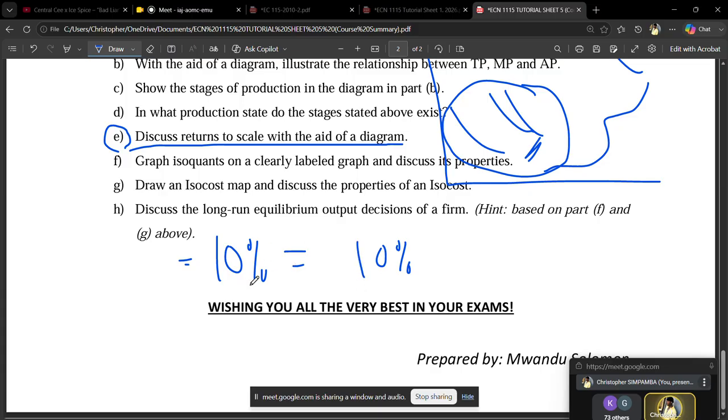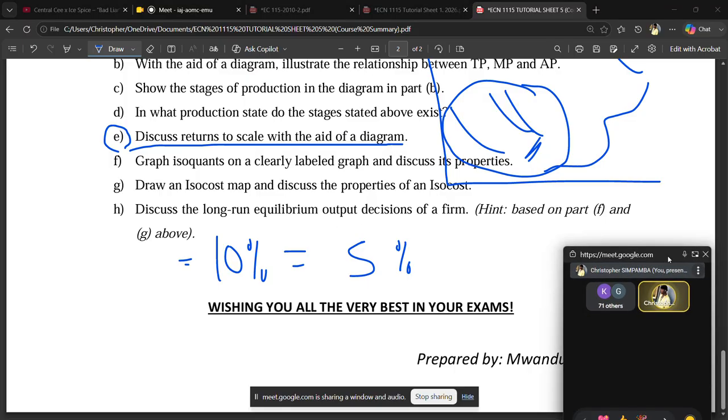This exact thing that we put in, you find that it is constant, because we put in 10% of the inputs, then the output came out as 10%. So we consider this to be constant. And then decreasing will be, we increase inputs by 10%, then what comes out is 5%. So this is decreasing returns to scale, because here it will be increasing at a decreasing rate, while the first, increasing one, will be increasing at an increasing rate.